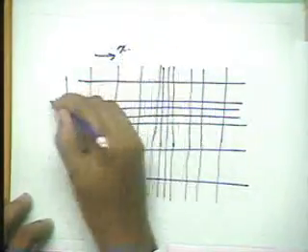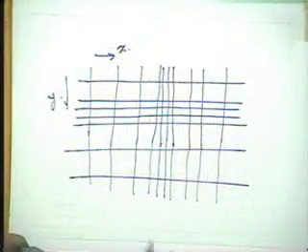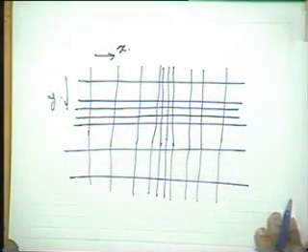This is the x, this is the y. So this is how my sampling grid will look like. So it is going to be absolutely non-uniform.